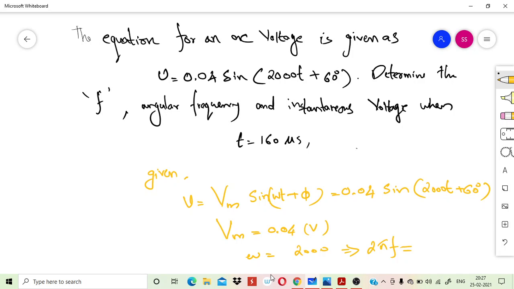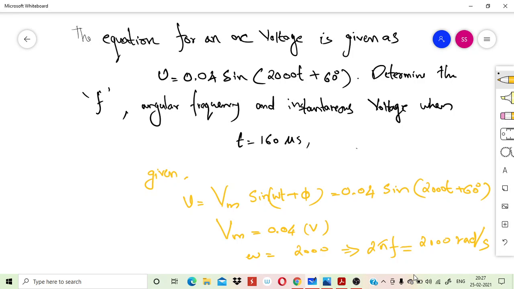Omega is your angular frequency. If you don't know this omega, go back to your previous class and learn it. So 2 pi f equals 2000 radians per second.